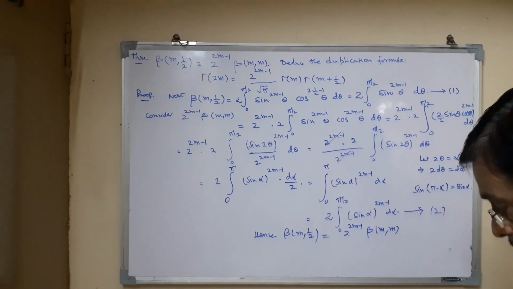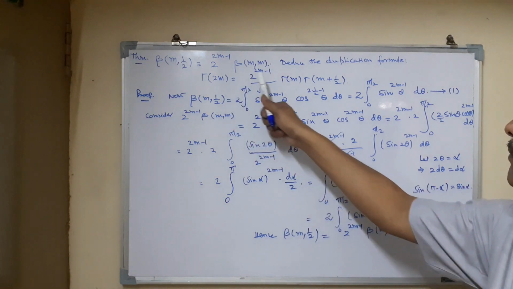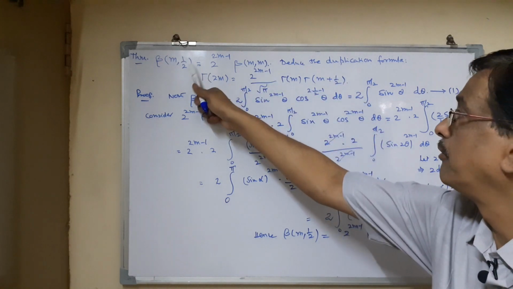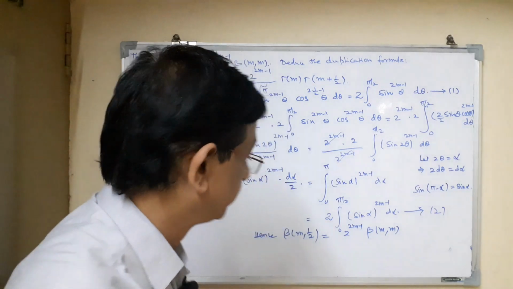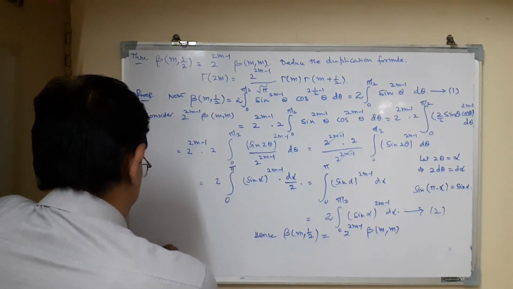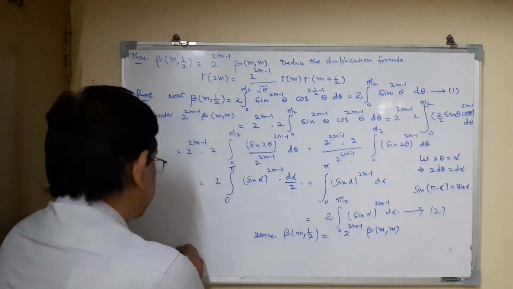Now we can evaluate gamma 2m as this. We have to use beta, so let us use that one. So this simplifies. Now, what is beta m comma 1 by 2 in terms of gamma?